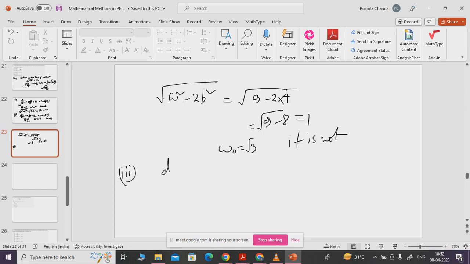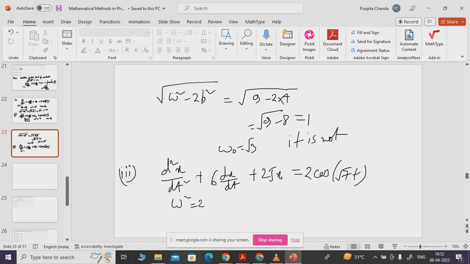Option number 3 is d2x/dt square plus 6 dx/dt plus 25x is equal to 2 cos root 7t. Here omega square is equal to 25, 2b is equal to 6, so b is equal to 3, b square is equal to 9, omega naught is equal to root 7.